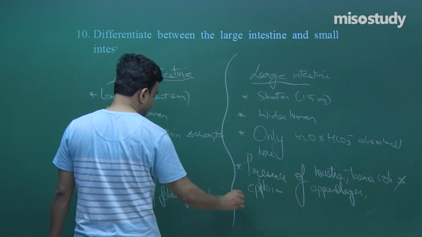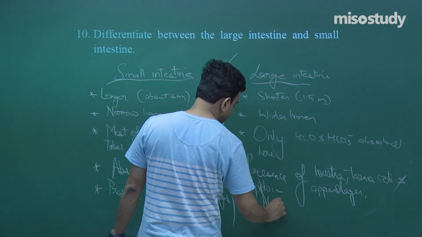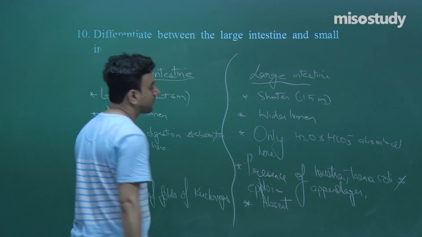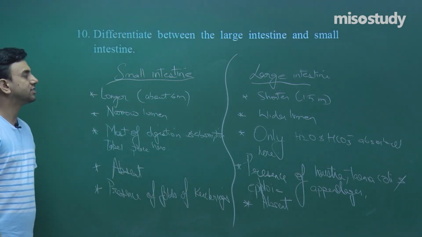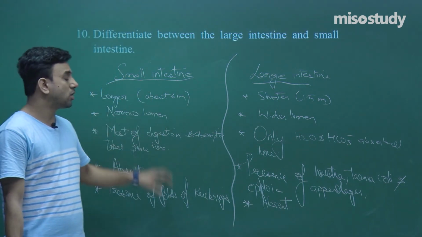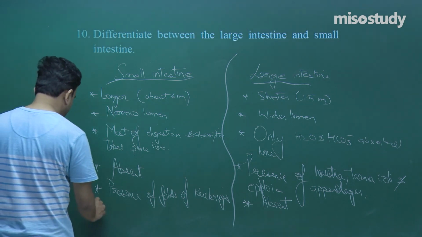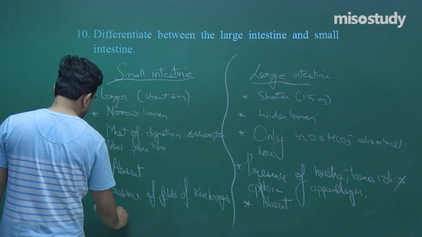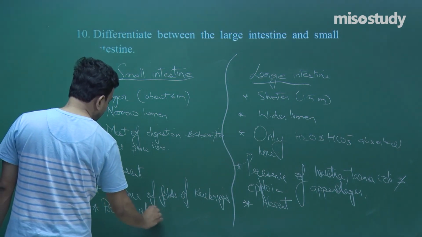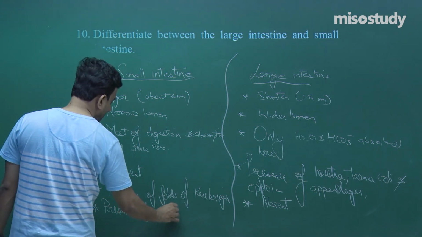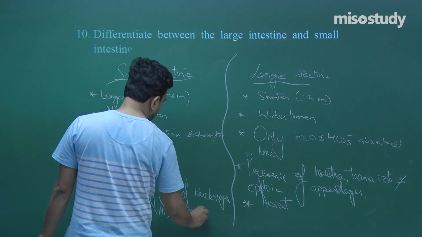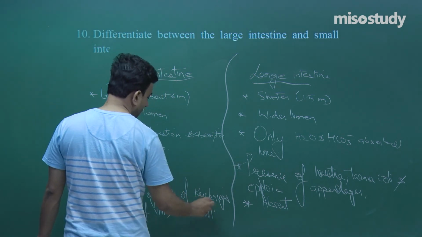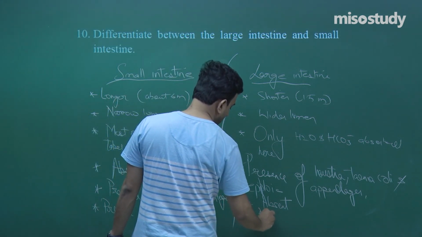However, those will be absent in the large intestine. In the small intestine, there is presence of villi and microvilli; here, absence.